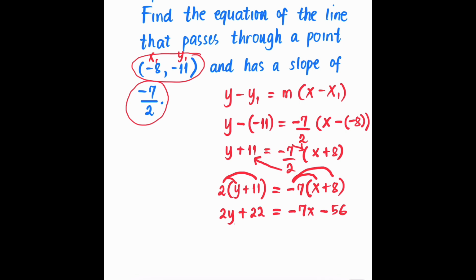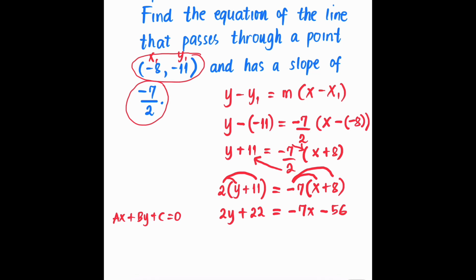Okay, so from here, it's best to write the equation in either standard form or general form. For this question, I would like to write the equation in general form. If you still remember from the previous video, general form is written as ax plus by plus c is equal to 0.